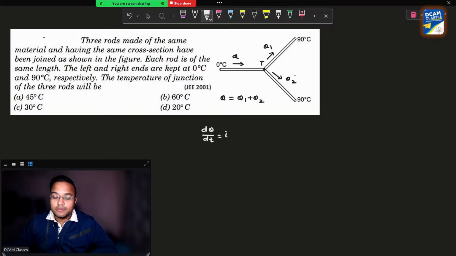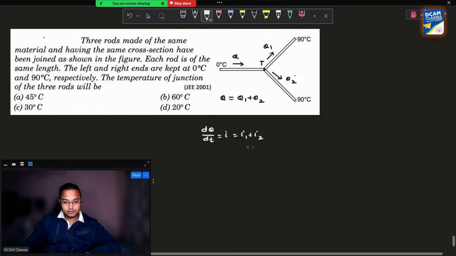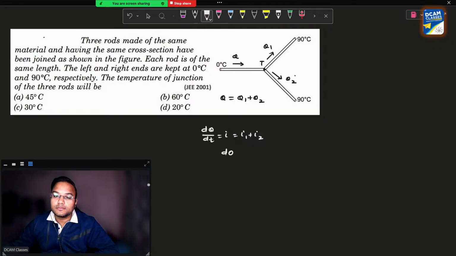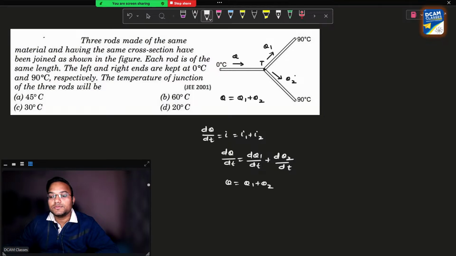So I is equal to I1 plus I2. Total incoming is total outgoing current. So I can write dQ by dt is equal to dQ1 by dt plus dQ2 by dt, or I can write Q is equal to Q1 plus Q2, cancelling d by dt.